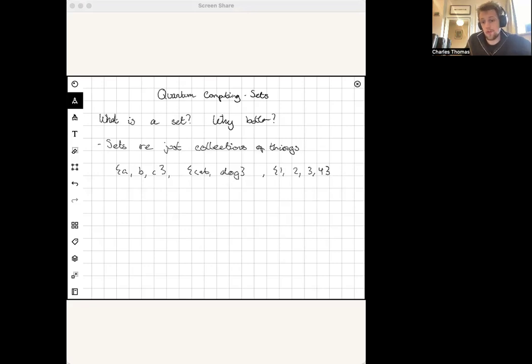Now, why do we do this? Well, this is a building block of pretty much all modern maths.